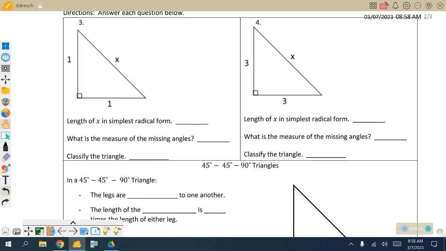I would imagine so. Alright, so it's the Pythagorean theorem. Cool. That's everything. Give you another minute here.